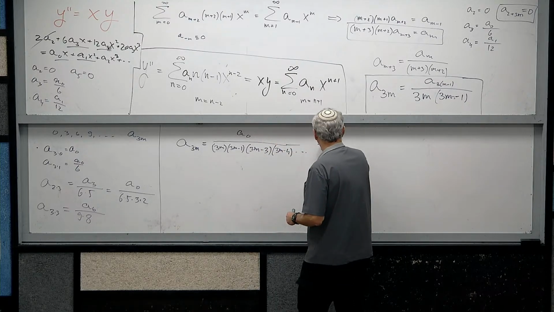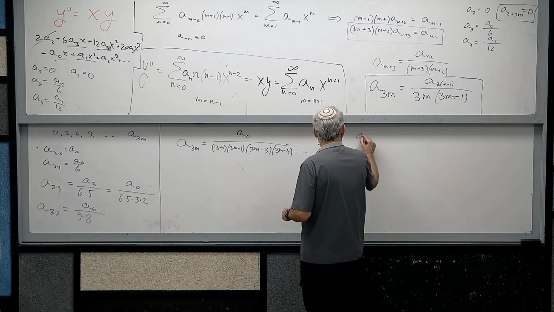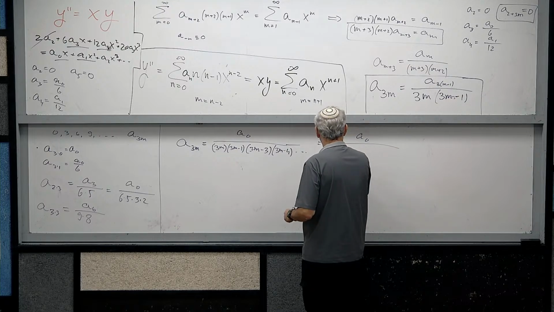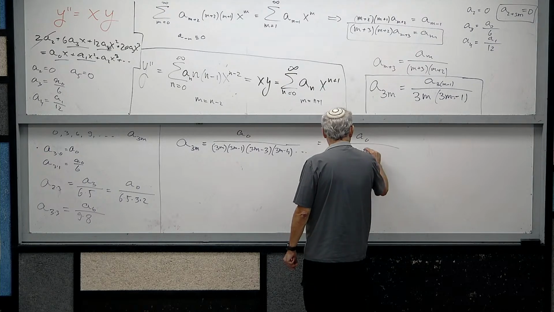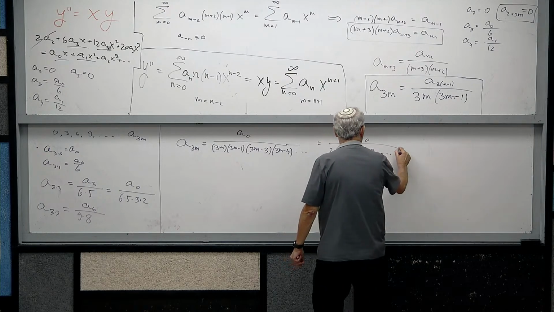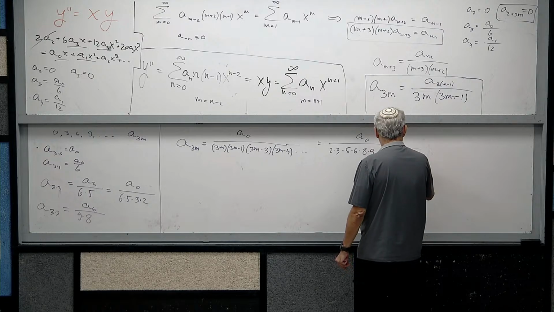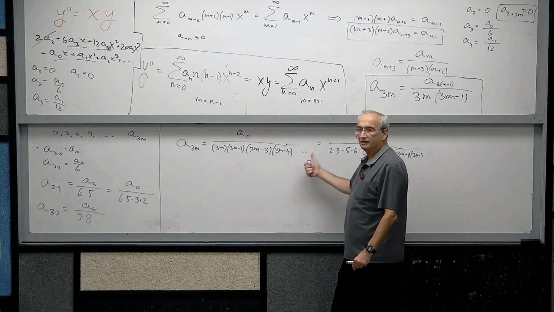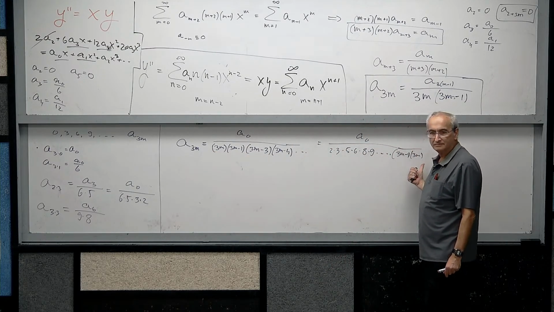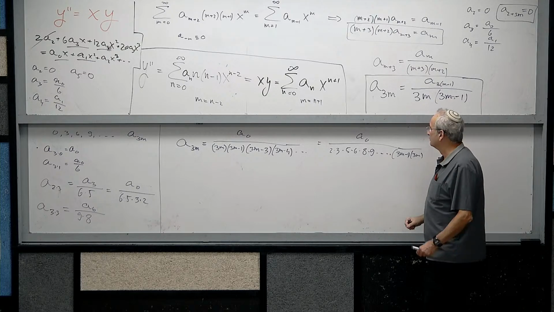Or if you want it like a0 divided by 2 times 3, the first one, times 5 times 6 times 8 times 9 up to 3m minus 1 times 3m. Here I wrote it backward, here I wrote it forward. Good.